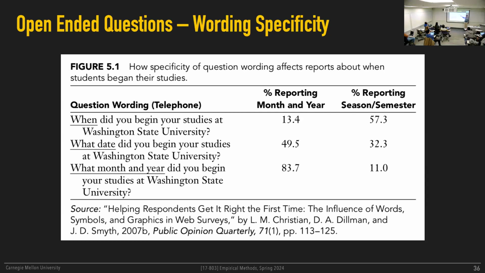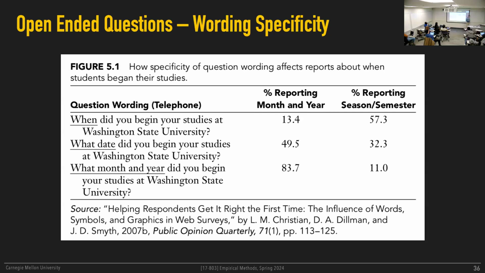Maybe that's really what you're trying to capture. If instead you ask explicitly, what month and year did you begin your studies at Washington State University, which is the bottommost option, the third one, you get a lot better, cleaner, less noisy data as a result. It's a very small change in wording, very big difference in the quality of the data you get back.